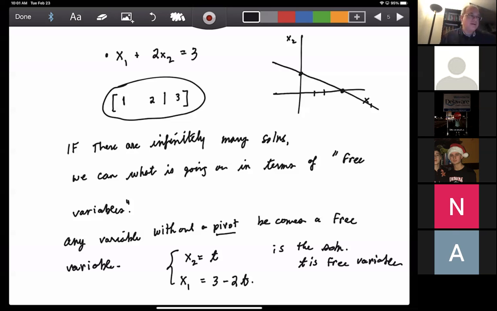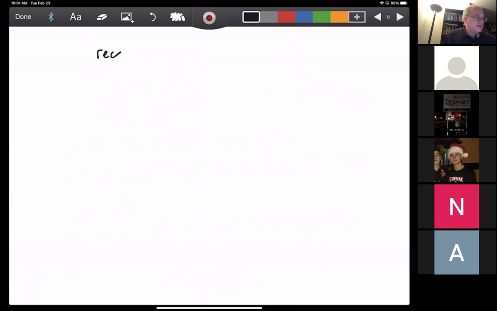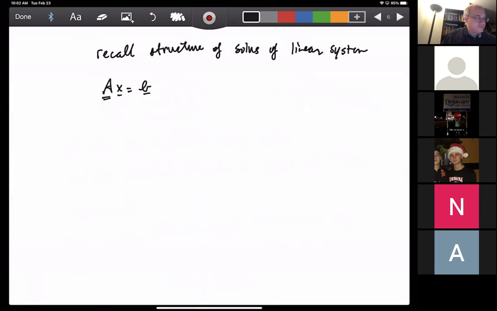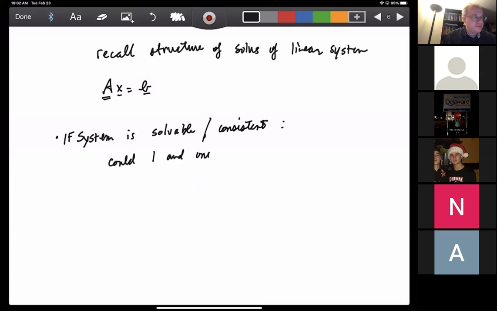And remember the structure we talked about previously. So that this system can be solvable, we also say it's consistent. It could have one and only one solution. Or it could have infinitely many solutions.